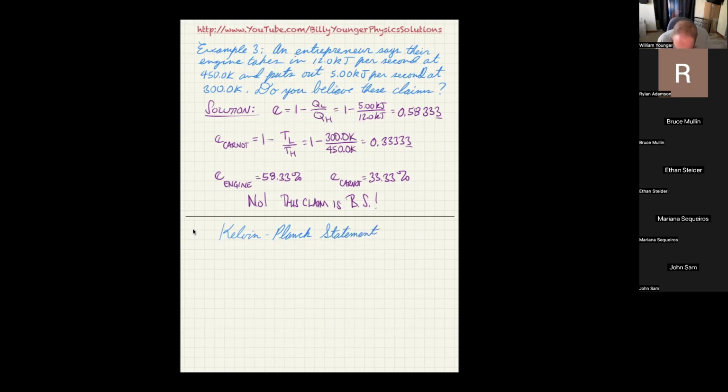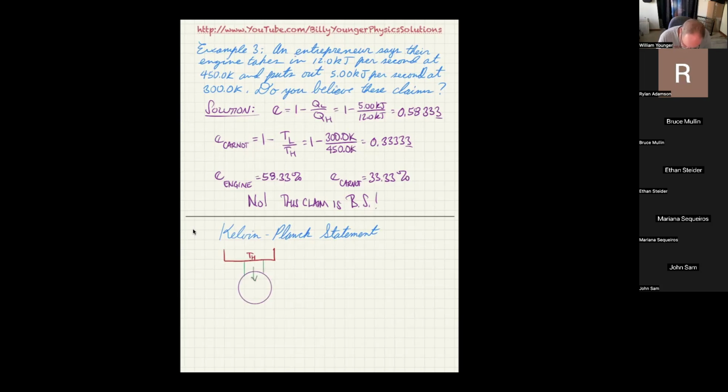So here's a nice diagram that helps you understand the Kelvin-Planck statement. Let's take a heat reservoir right here of temperature TH, and let's take a heat engine right here. Let's allow some heat to flow into it.